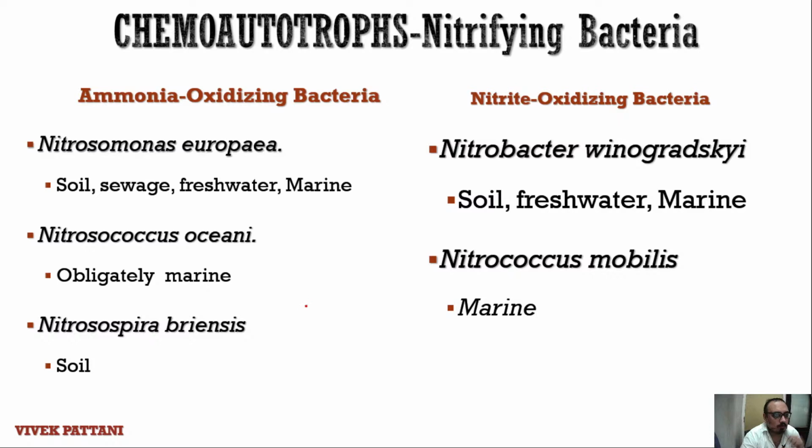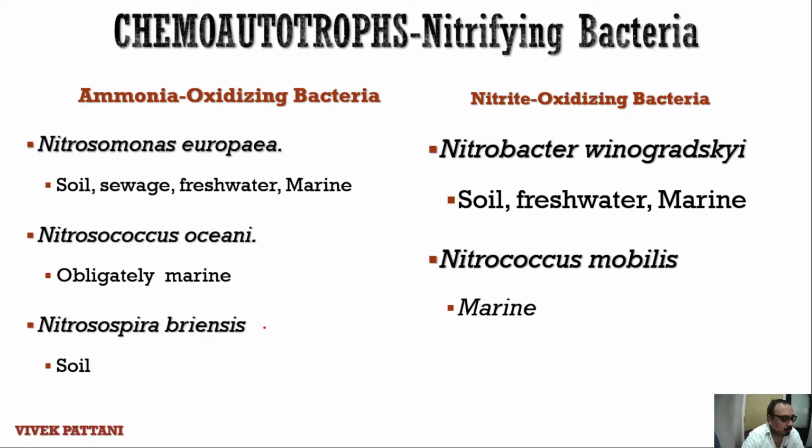Now where are these bacteria found? Among the ammonia oxidizers, the first one, Nitrosomonas europaea, is found in soil, sewage, marine, or even fresh water. Nitrosococcus oceani is found in marine environments only.